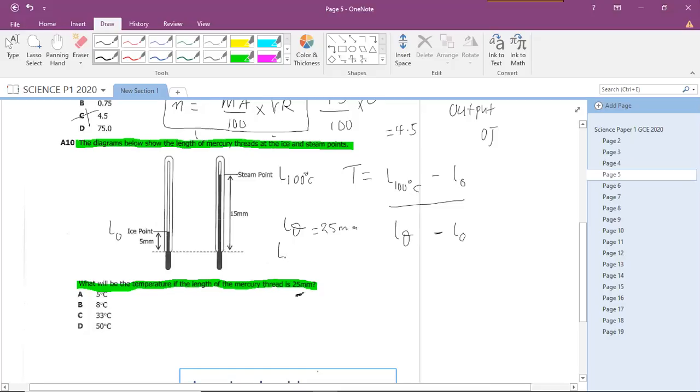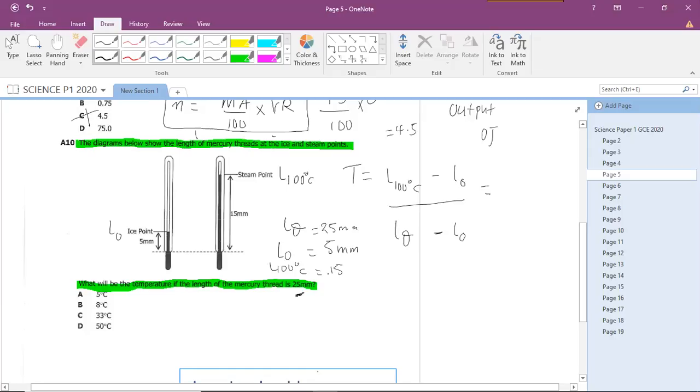And our L ice is 5 millimeters. And our L100 degrees Celsius is 15, right? 15. So all we have to do now is substitute.